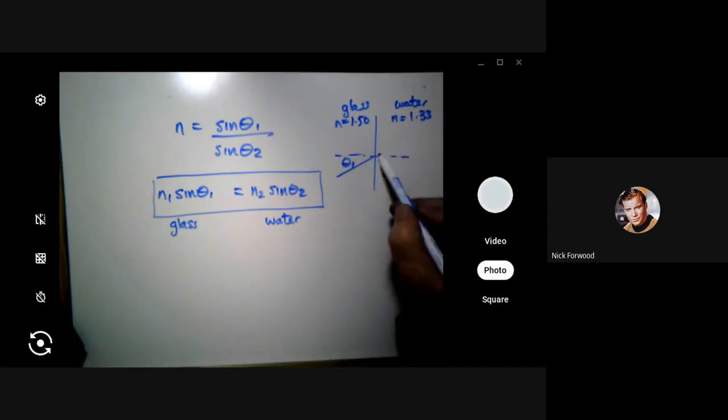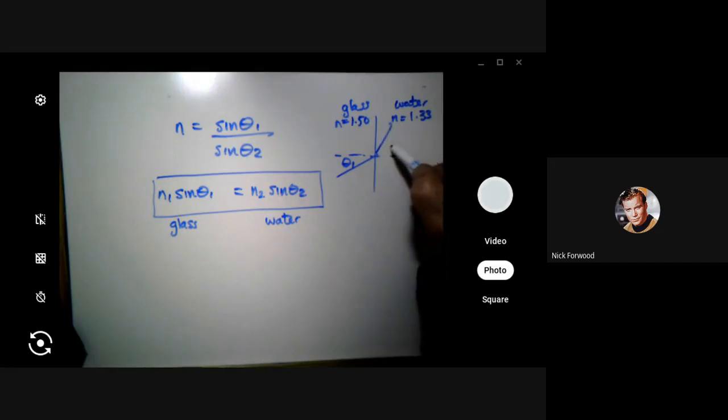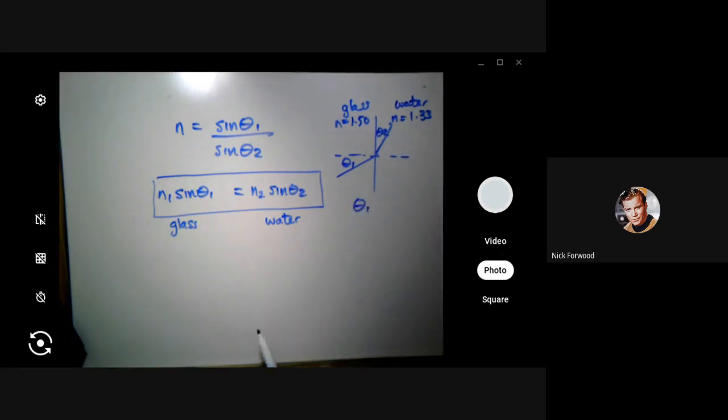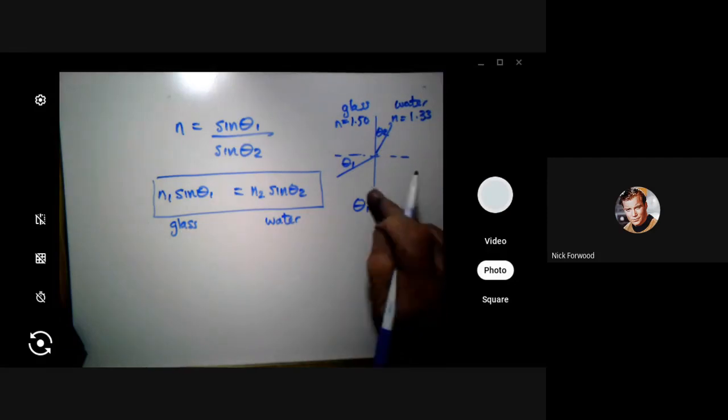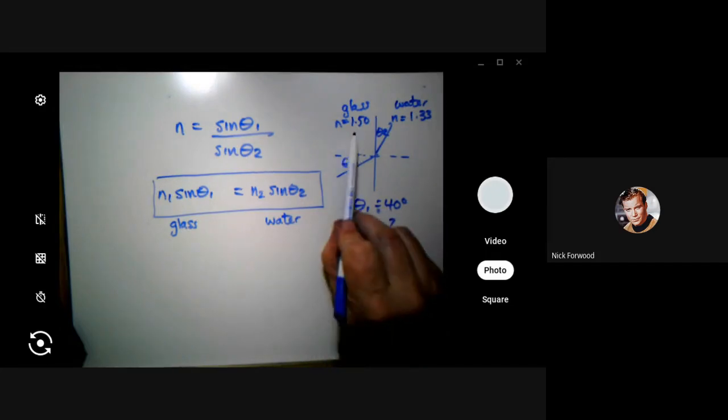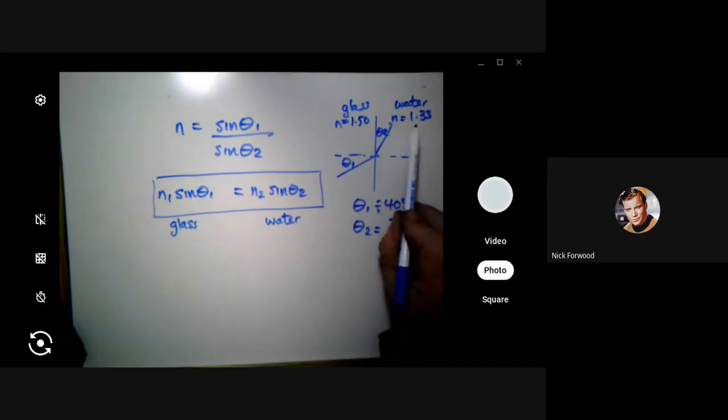There's my normal, and it goes off up there, and this is theta 2. Because we've already done part 1, we know that theta 1 is 40 degrees, and theta 2 is the angle we have to find, and n is 1.5 for glass and 1.33 for water.